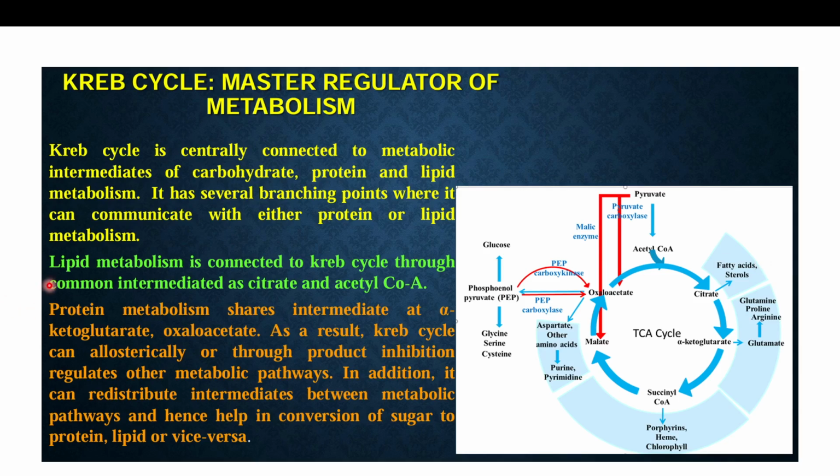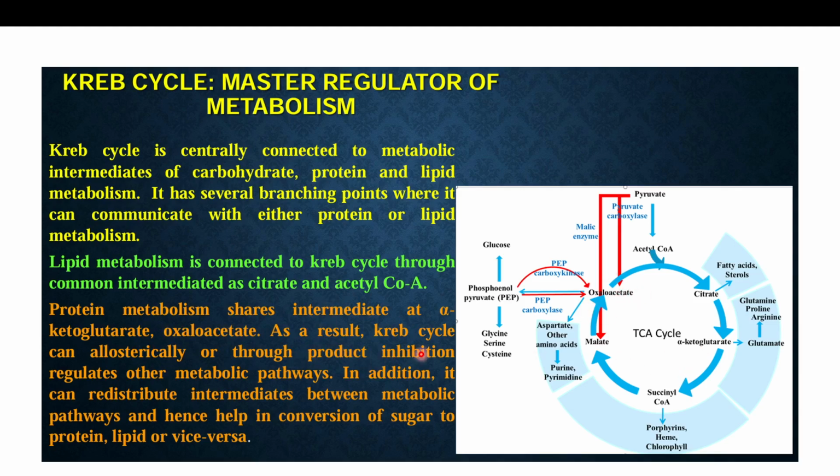Like if we talk about lipid metabolism, it is connected to the Krebs cycle through common intermediates like citrate or acetyl coenzyme A. And when we talk about protein metabolism, it also shares intermediates like alpha ketoglutarate, which is eventually involved in the glutamate pathway, and oxaloacetate is there as well.